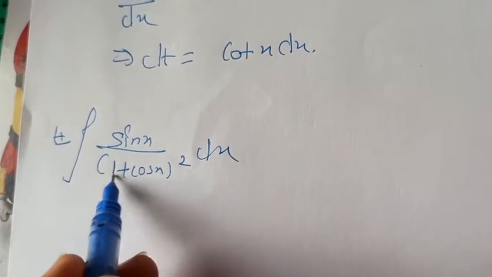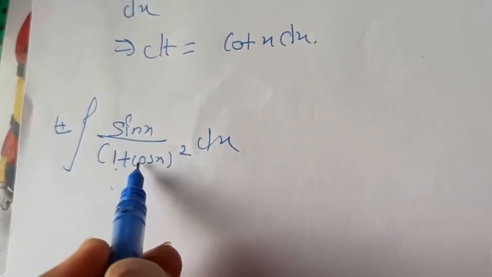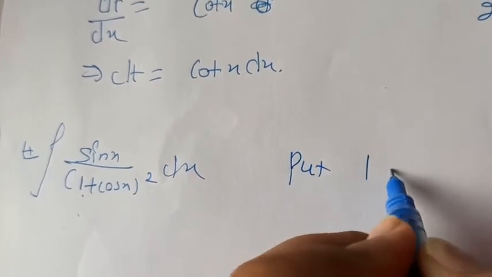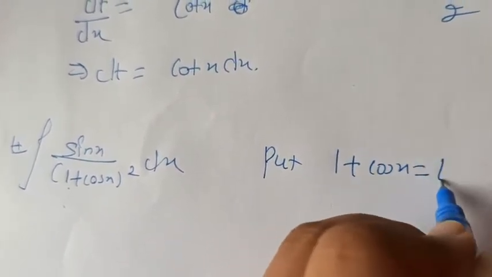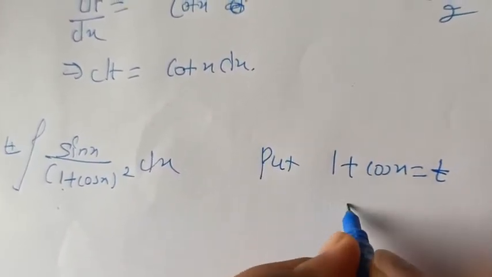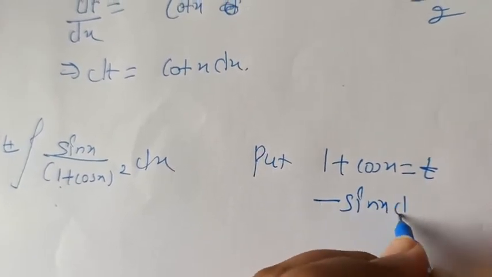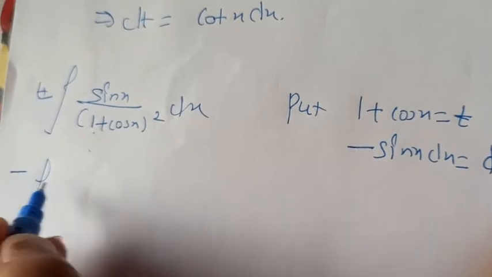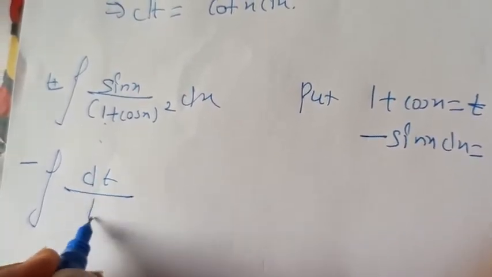Next question we have sin x by (1 plus cos x) whole square. Put 1 plus cos x as t. Derivative of cos is minus sin, so minus sin x dx is equal to dt. This gives you minus dt over t square.